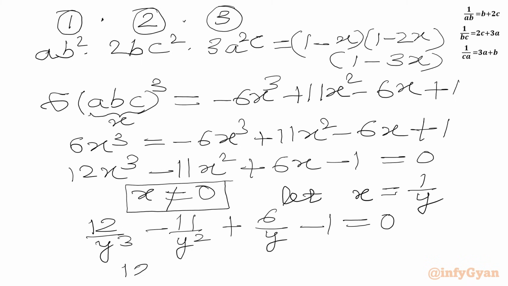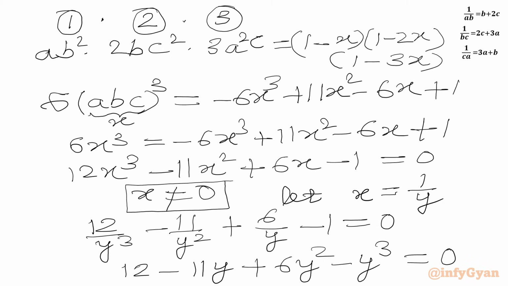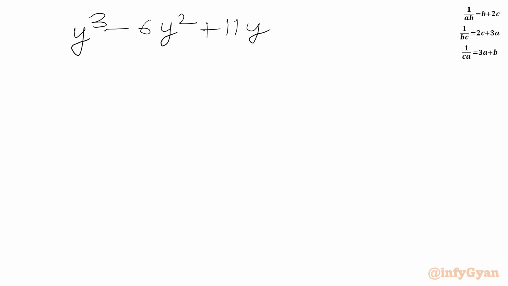So we will get 12 minus 11y plus 6y square minus y cube equal to 0. Now we will multiply our equation by negative 1. So we will be getting one cubic equation in y: y cube minus 6y square plus 11y minus 12 equal to 0.